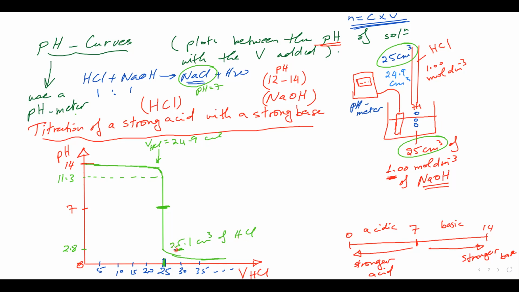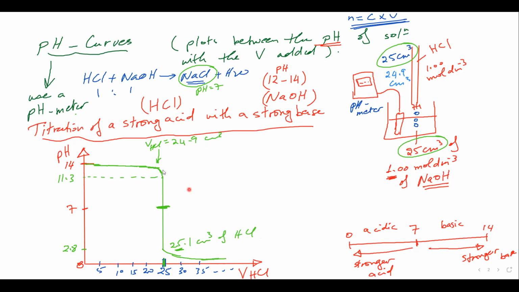After the 25 centimeter cube of HCl neutralized completely, meaning they reacted completely with this 25 centimeter cube of sodium hydroxide, there will be 0.1 centimeter cube of HCl, which will affect the pH, because now the solution will be totally acidic. And this means that since HCl is a strong acid, you will see that the pH drops till pH between 0 and 2, that of the HCl.